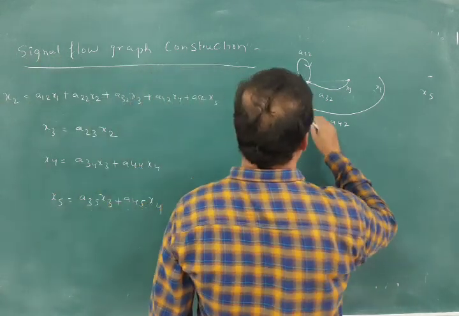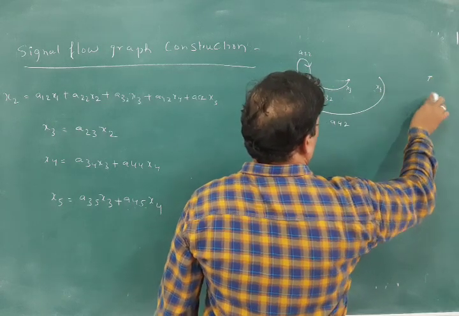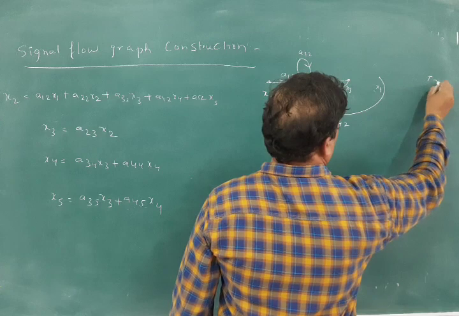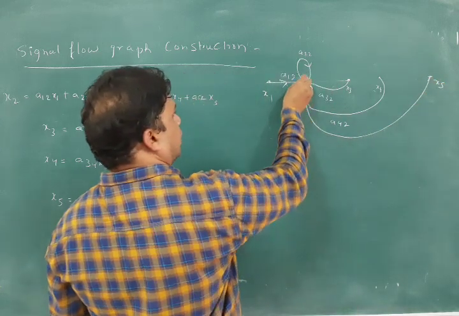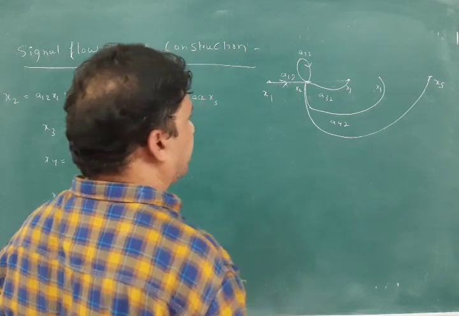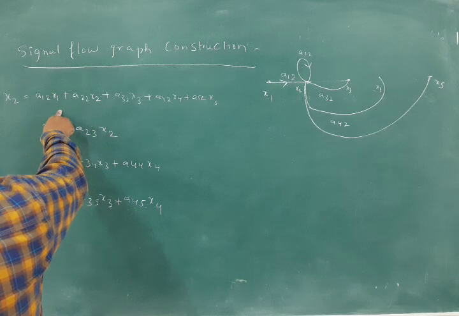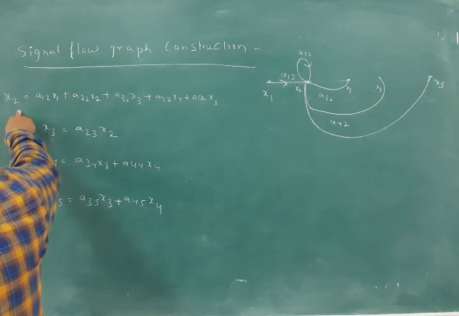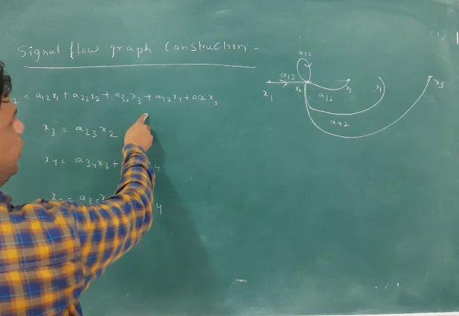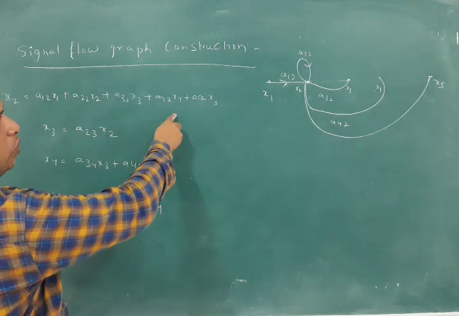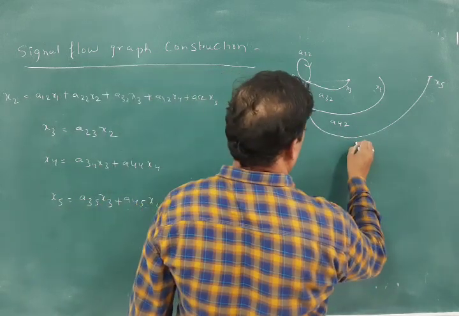So this node is A52, and we will be connecting from this X5 point to this particular point here. Okay, this is the signal flow graph for this equation: X2, the main point, is A12 X1 plus A22 X2 plus A32 X3 plus A42 X4 and A52 X5. This is A52.